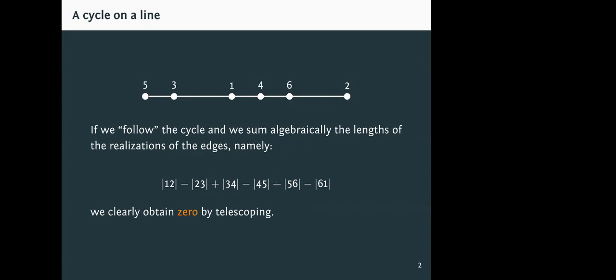And then so on, we add 3,4, we subtract 4,5, we add 5,6, and then we subtract 6,1. Well, if you perform these operations, you realize that you get 0. You get 0 just by telescoping, right? Because this is a telescoping sum, and every contribution cancels the previous ones.